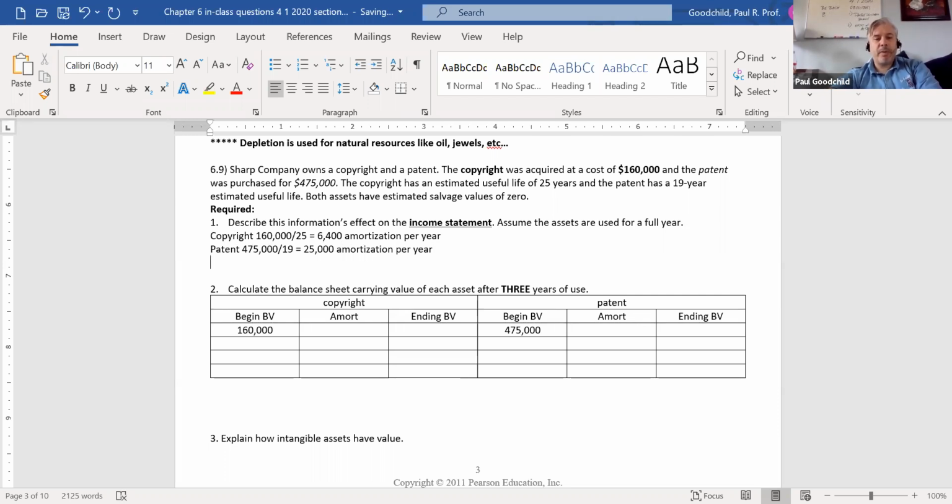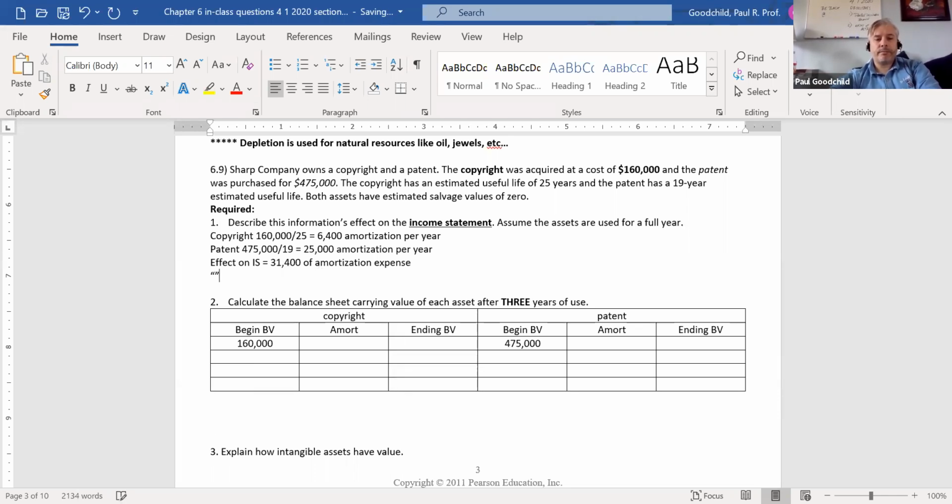And so if you combine them, the effect on the income statement is equal to 31,400 of amortization expense. All right, keep in mind, no effect on the cash flow statement.